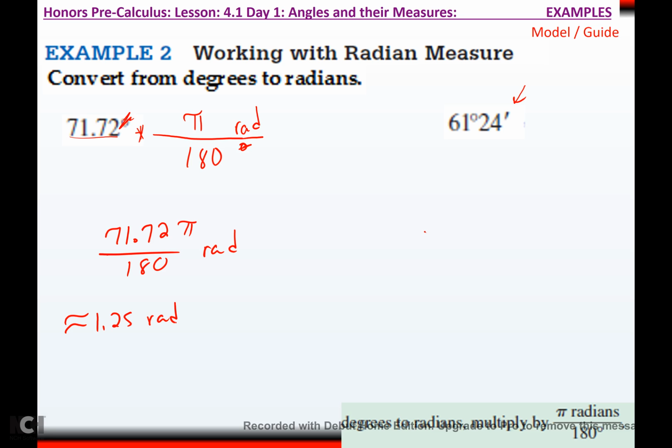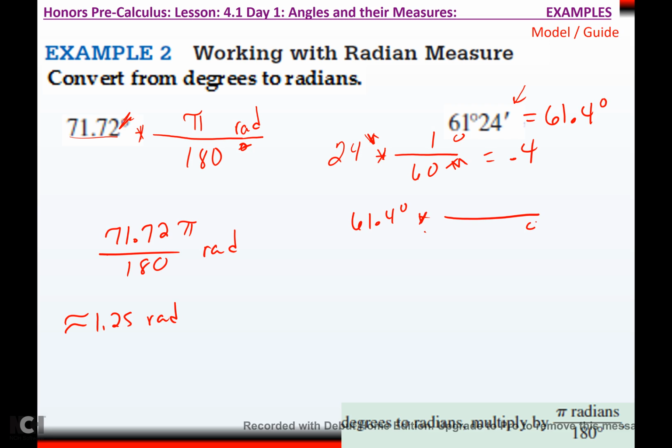Okay, the second one I'm going to have to do a little bit of work. I have 24 minutes that I want to convert to degrees. So I want rid of minutes, I want degrees. There are 60 minutes in 1 degree. Minutes cancel, and I do 24 divided by 60 is 0.4. So this becomes 61.4 degrees. So if I have 61.4 degrees and I want degrees to go away, I put it on bottom, radians on top.